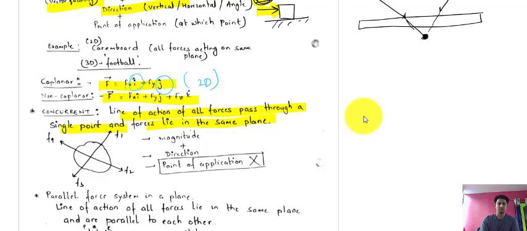Okay, so this is force 1, this is force 2, this is force 3, and they all are meeting at a single point. That is, their line of action is at a single point. So when you are talking about a concurrent force system, there is a single point through which all the forces are acting. So there is a need of magnitude, plus we must know the direction, but the point of application we don't need to know.